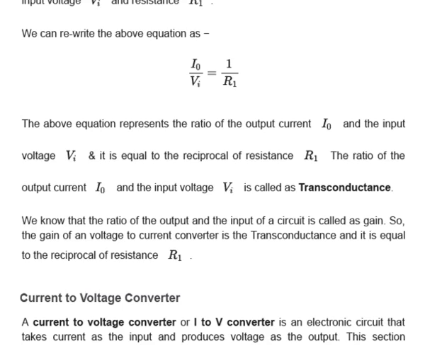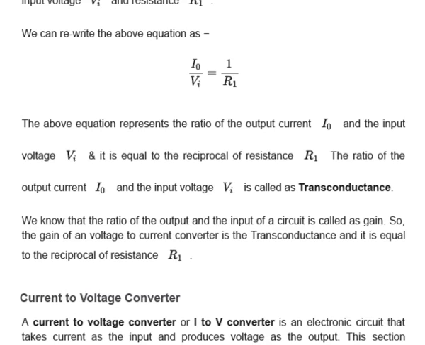Next one, that is current to voltage converter. A current to voltage converter or I to V converter is an electronic circuit that takes current as the input and produces voltage at the output.